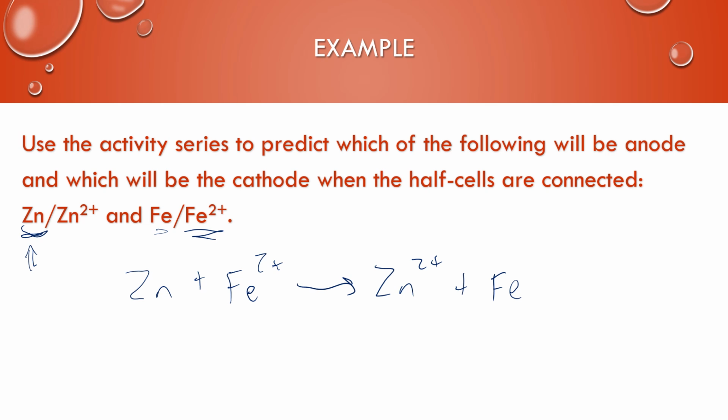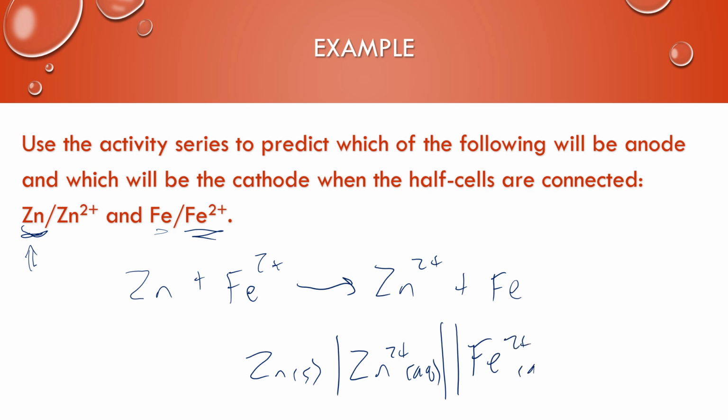If I were to write this as a cell diagram, I would have the solid zinc forming zinc 2+ ions, and then I've got my iron ions in the solution, and then solid iron being formed. And of course, this will be the anode, and this is the cathode.